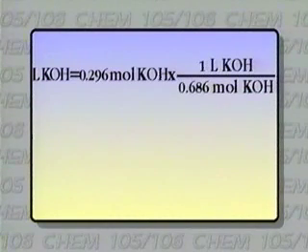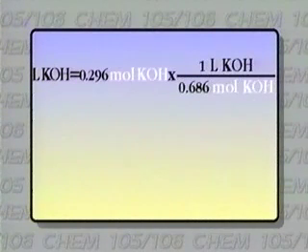We know that we need 0.296 moles of KOH. And we know from the concentration that 1 liter of KOH solution contains 0.686 moles of KOH. So those are going to cancel out, and we're going to be left with liters.